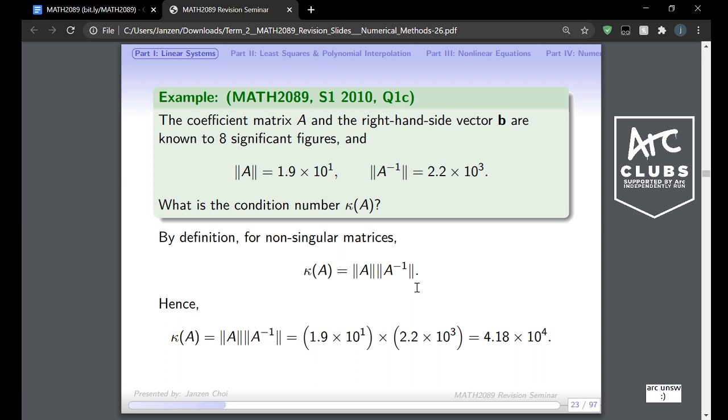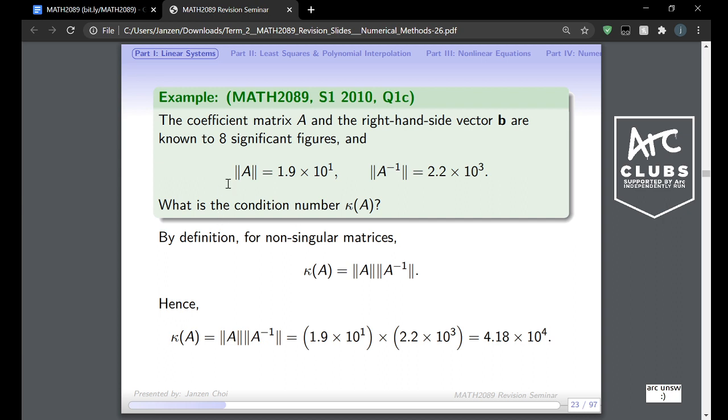So this question asks us to find the condition number of the matrix A, and they do give us the norm of the matrix A and the inverted matrix A inverse.